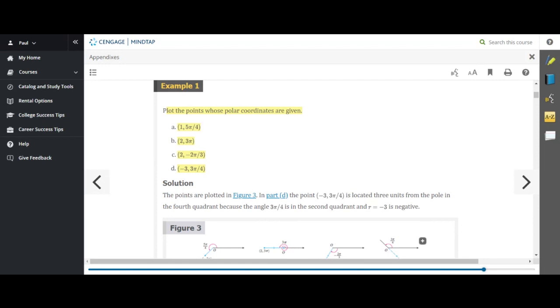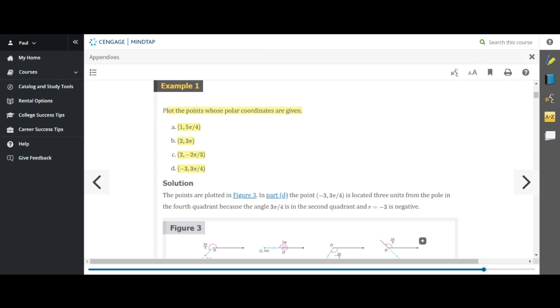So we know pi is how many degrees? How many degrees is pi equal to? 180 degrees. That's right, Renaud. So for example 1a, if you take 5 and multiply it by pi and divide by 4, that's like taking 5 times 180 degrees divided by 4. Hence, you get 225 degrees.